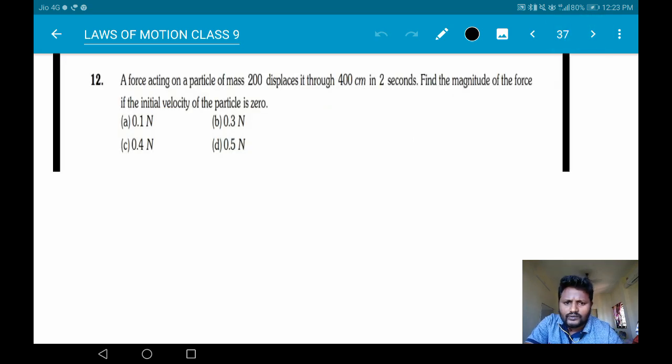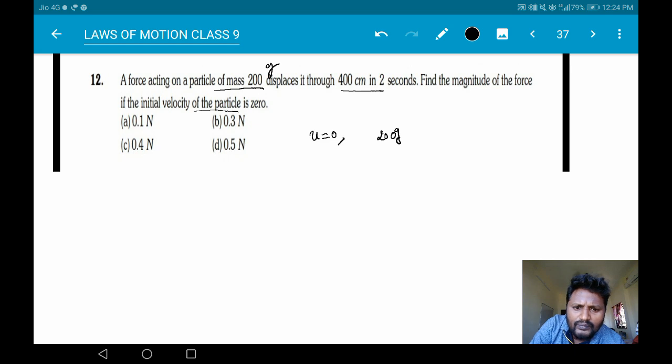The next one. A force acting on a particle of mass 200 gram displaces it 400 centimeter in 2 seconds. Find the magnitude of force. The initial velocity of the particle u is given as 0, and the particle mass is 200 gram, that means 0.2 kg.